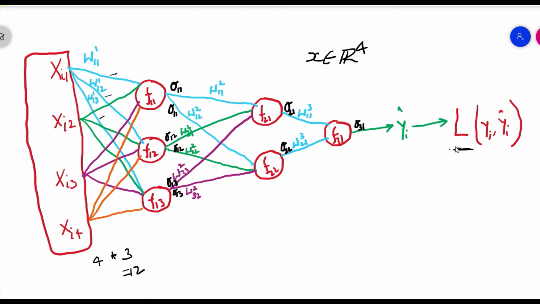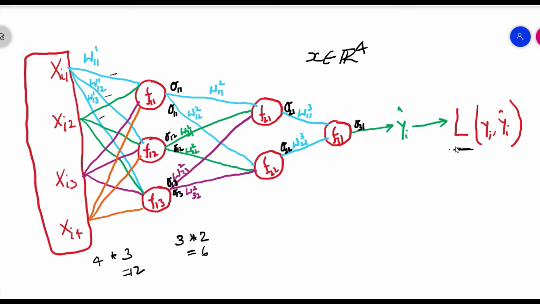Next, for each of the activation functions on hidden layer 2, you have 2 outputs going as input to the functions of hidden layer 3. In total, you have 3 activation functions over here, and 2 activation functions in hidden layer 2. So how many total weights do you need to determine over here? This is equal to 6.